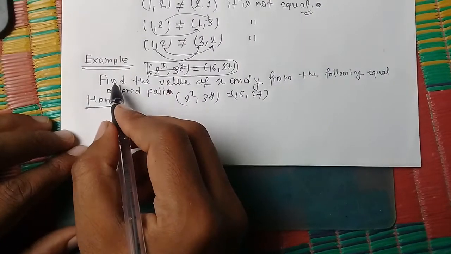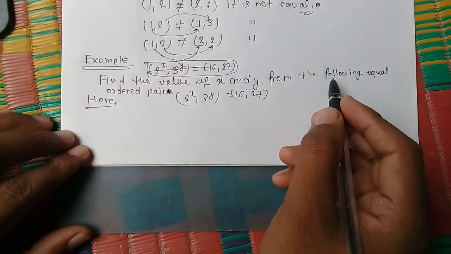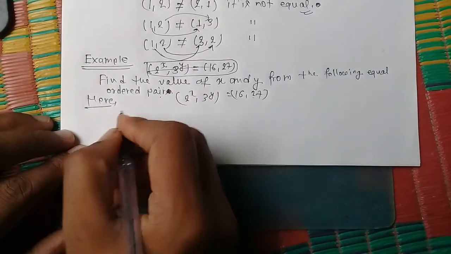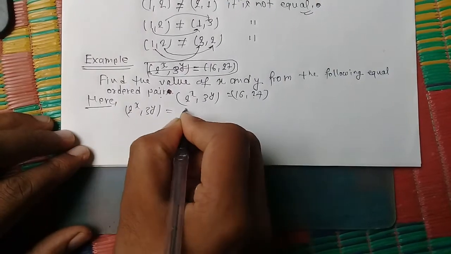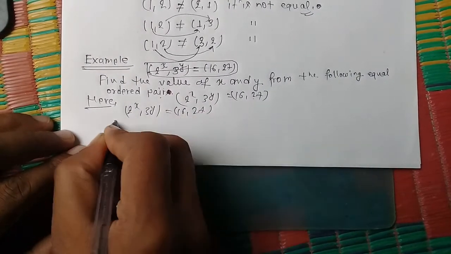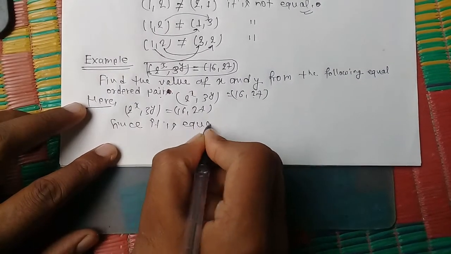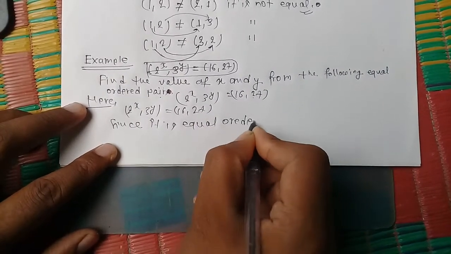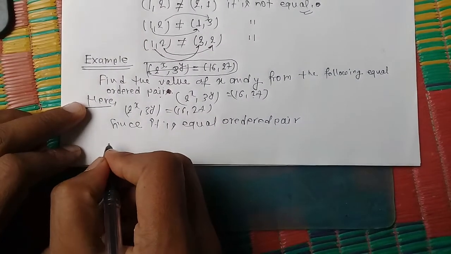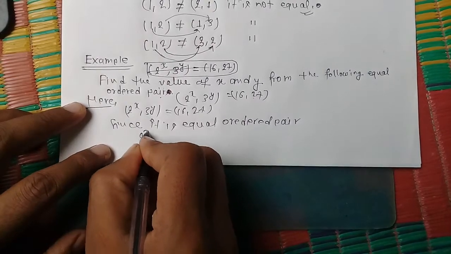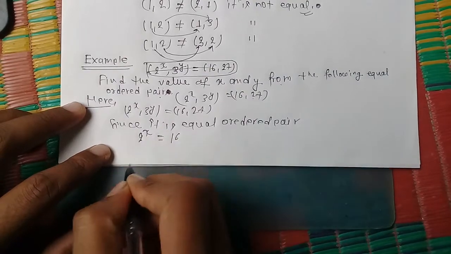Now again, find the values of x and y from the following equal ordered pairs. Since they are equal ordered pairs, we can write 2 to the power x is equal to 16.